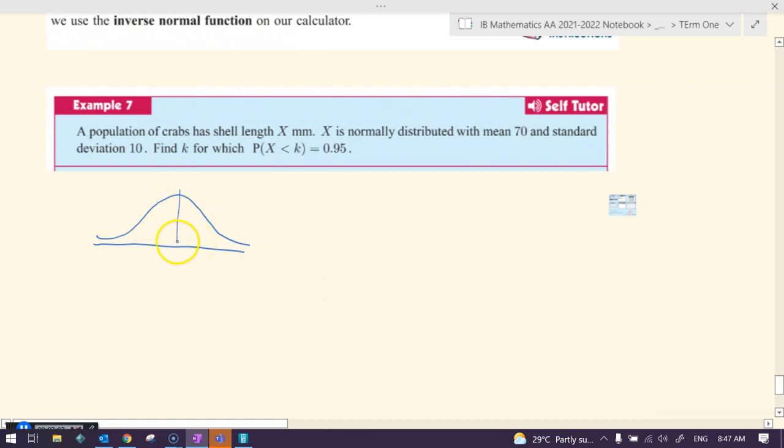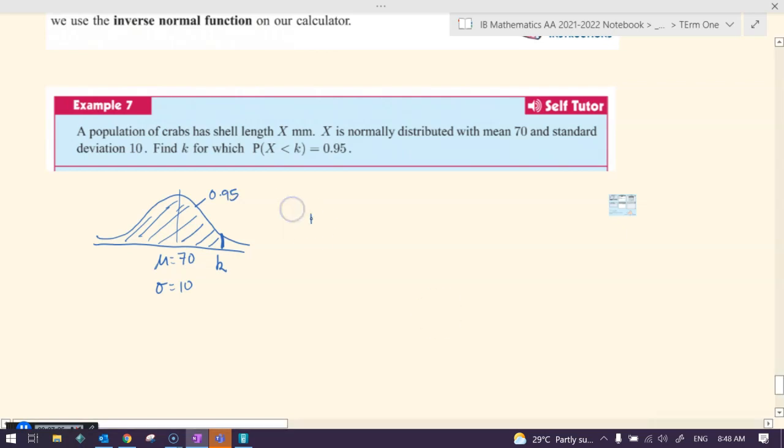Here I know that the mean is equal to 70 and the standard deviation is equal to 10, and they want to know what's the particular value K so that this area, the probability that X is less than K, is equal to 0.95. So the way we do this is we do the normal distribution function in reverse.